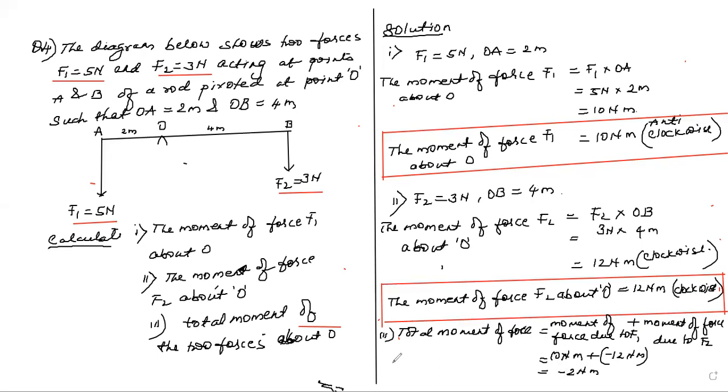So you're getting a negative value, that means clockwise. So the total moment of force about O equals 2 Newton meter, and in bracket I'll write clockwise.